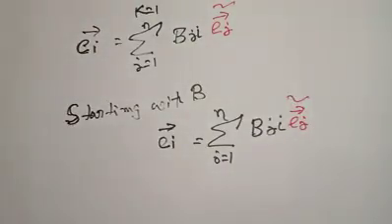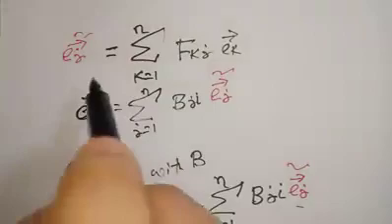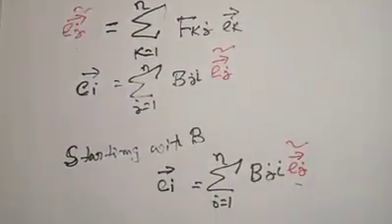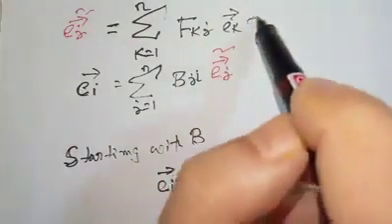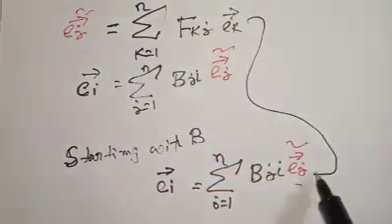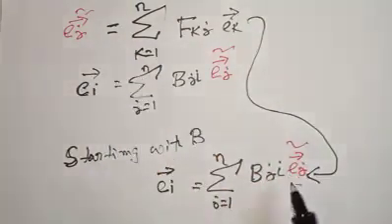But just note one thing, that this ej arrow tilde is this one. So what we can do over here is that from here I can just substitute the value of ej over here. I can just substitute this value over here.